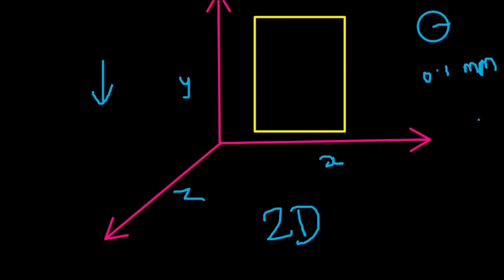And what about 3D? For 3D, all three dimensions should be comparable. They should not be too small, nor too long. All the dimensions should be of equal order. So I have a cube over here.